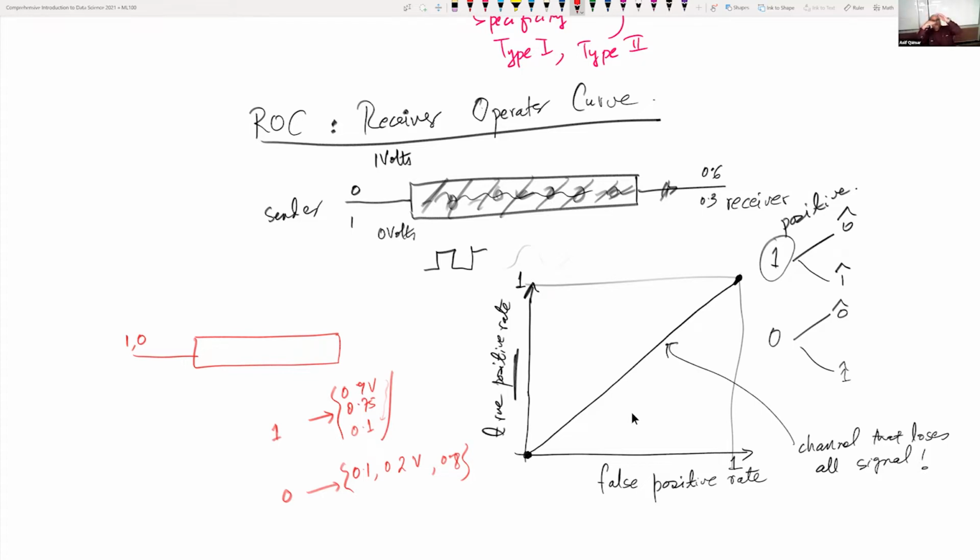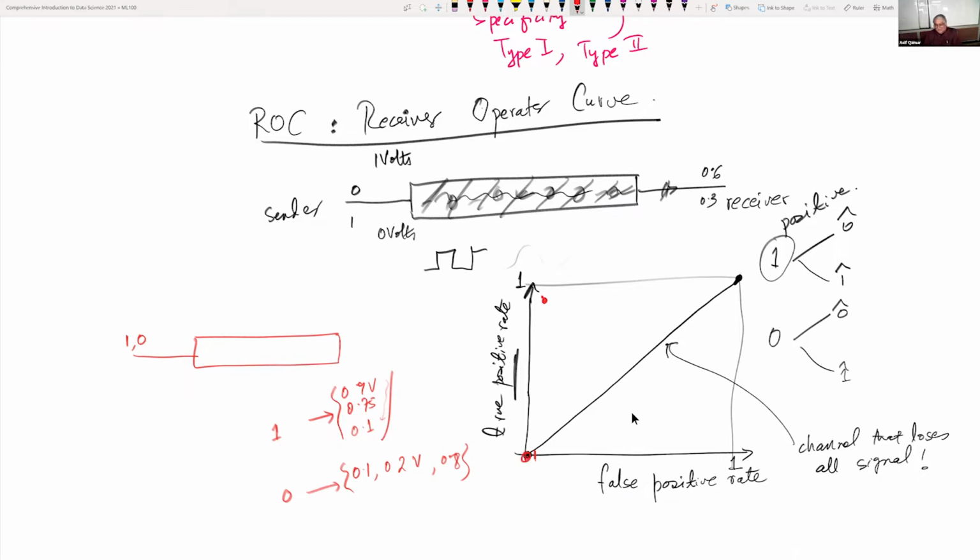The lowest value you see here is 0.75. So your true positive rate is very high. But what about your false positive rate? A very tiny proportion of the values will actually become ones. So at a very small value here, you would achieve a very high true positive rate.